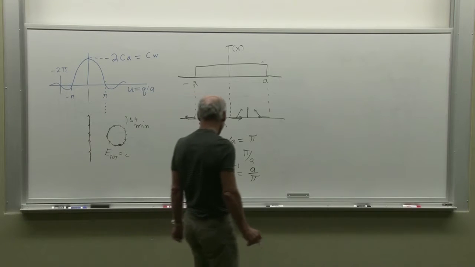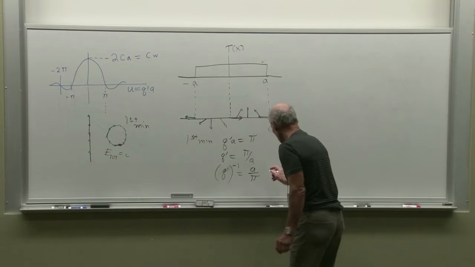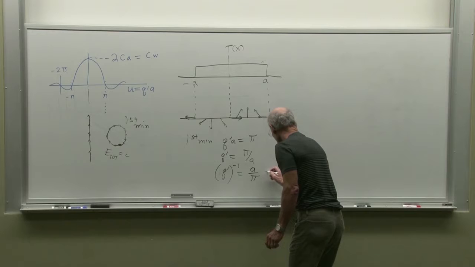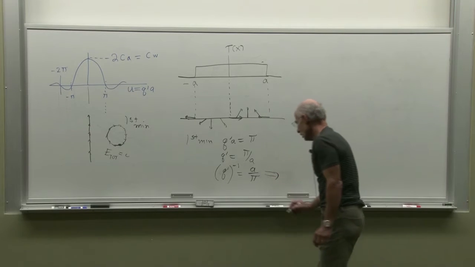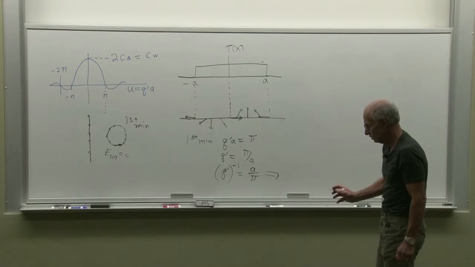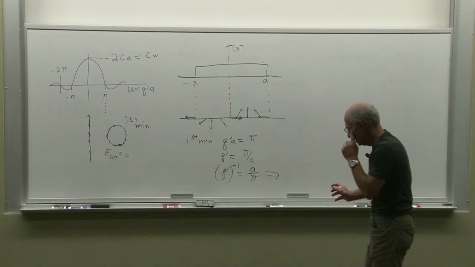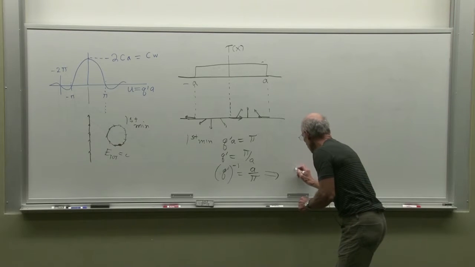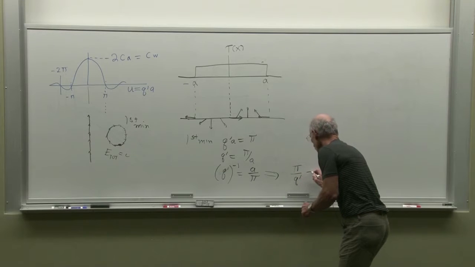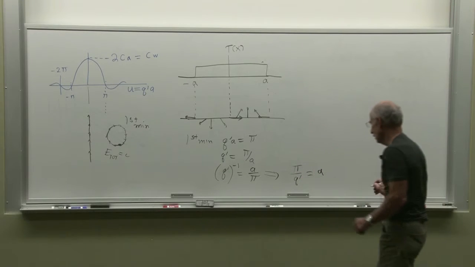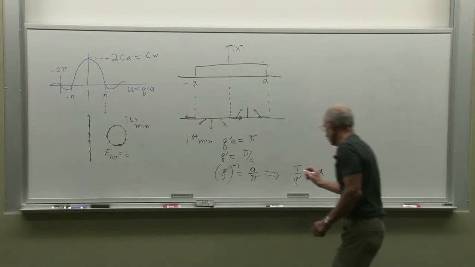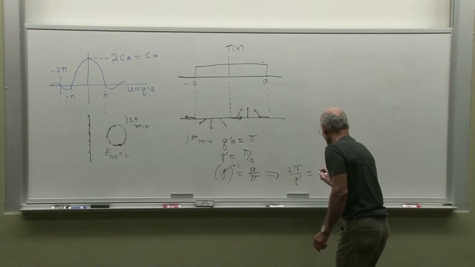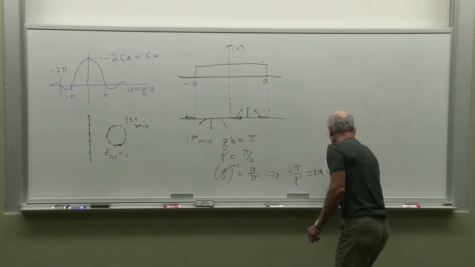Okay. So if I do a little algebra, and it's not obvious why I'm going to do this until I do it. But if I do a little algebra, pi over Q prime equals A, so that 2 pi over Q prime equals the width.